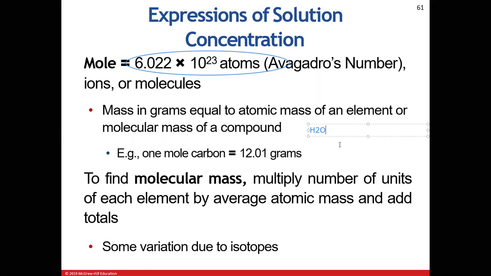In order to get the molecular mass, we add the mass of all of the atoms within that particular chemical formula. In this case, we have 2 hydrogen atoms, so 1 times 2 atoms gives us 2, plus the 1 atom of oxygen is 16. H2O then has a molecular mass of 18.